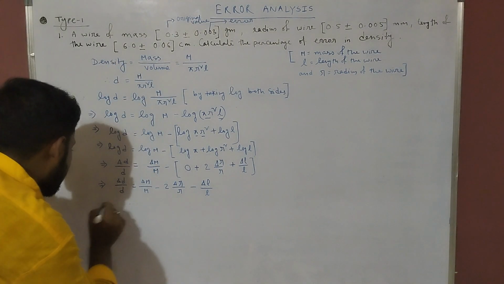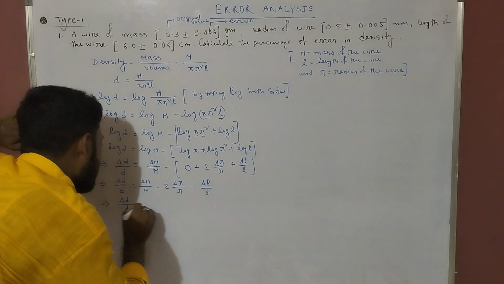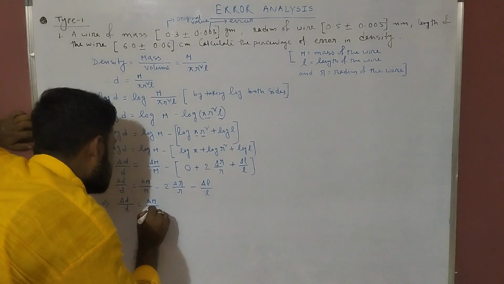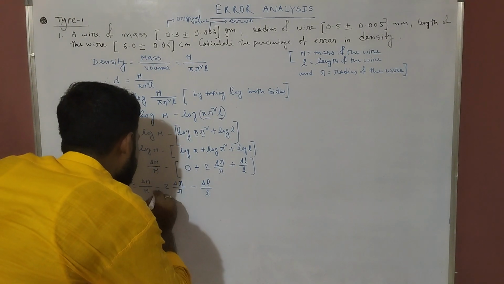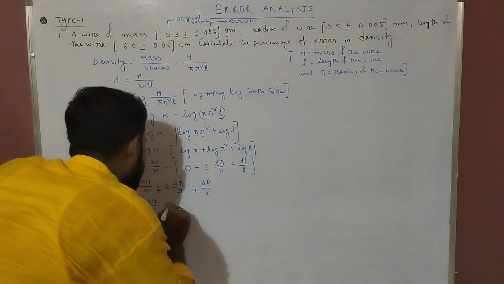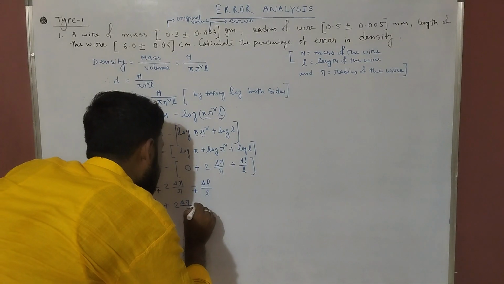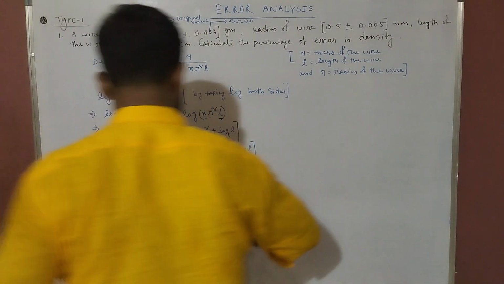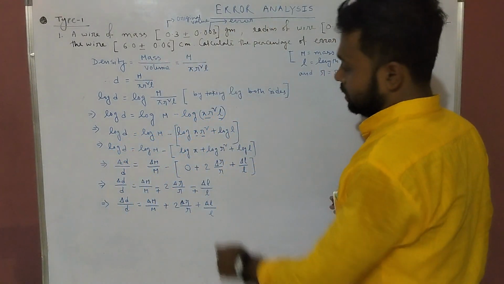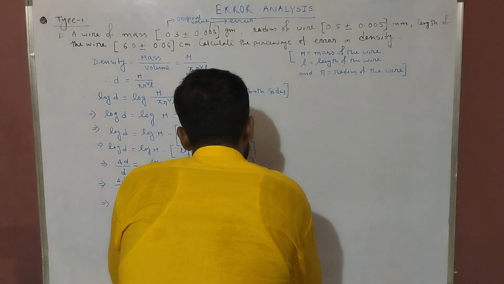Now next line, we can write this minus will be plus, this minus will be plus. Why? I am saying 2 del r by r plus del l by l. Because errors are always positive.